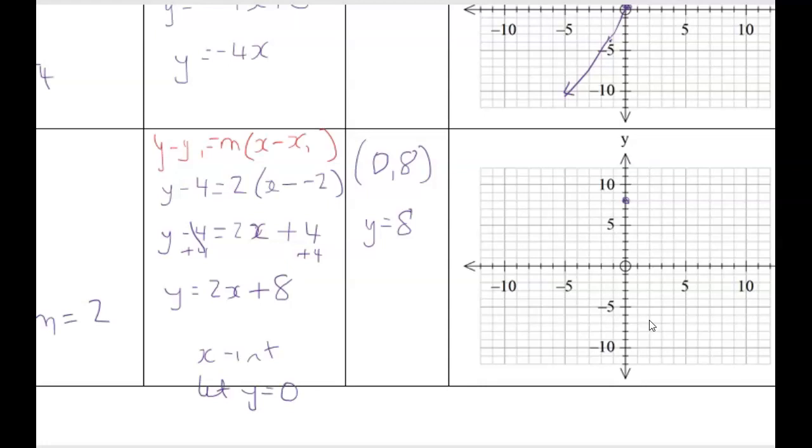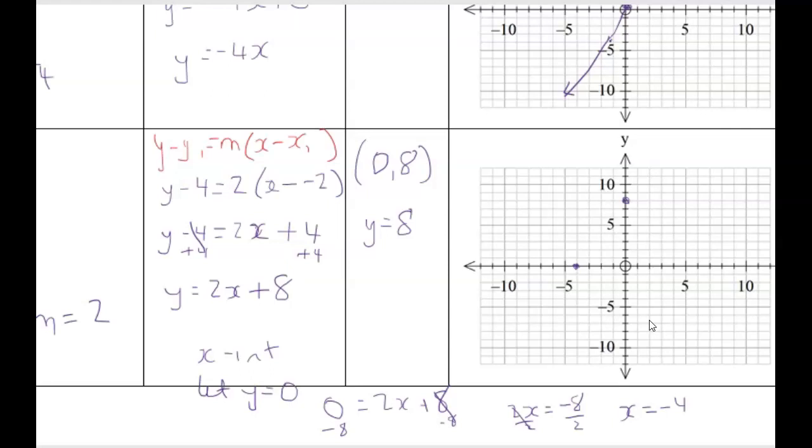So 0 equals 2x plus 8. So let's just subtract 8 from both sides. That disappears. So we've got 2x equals -8. Divide both sides by 2. So x equals -4. So your x-intercept is at -4, which is here.